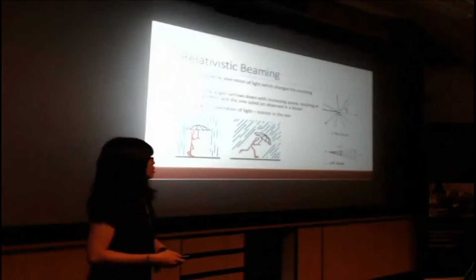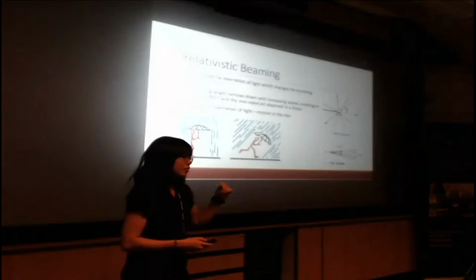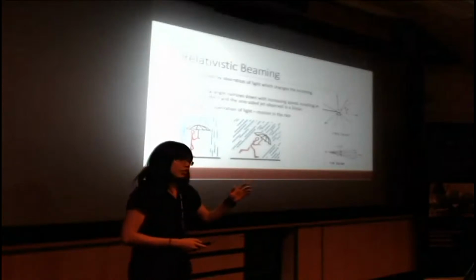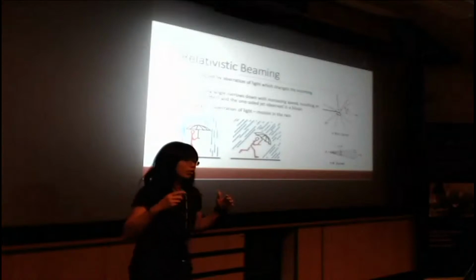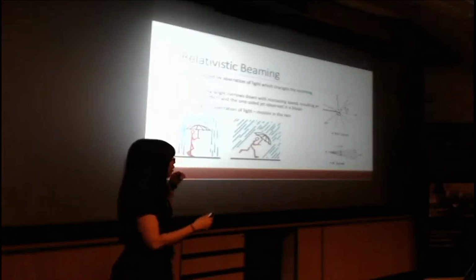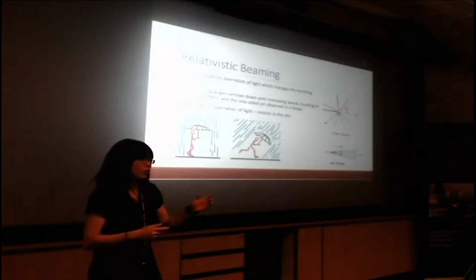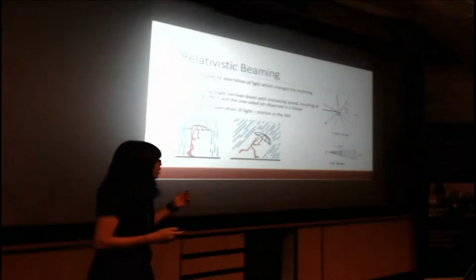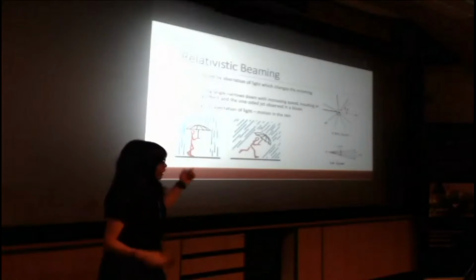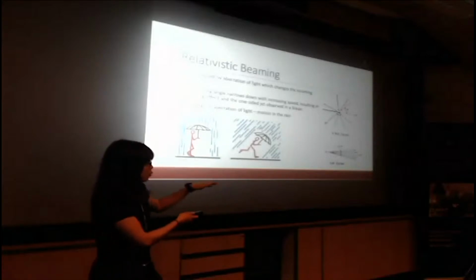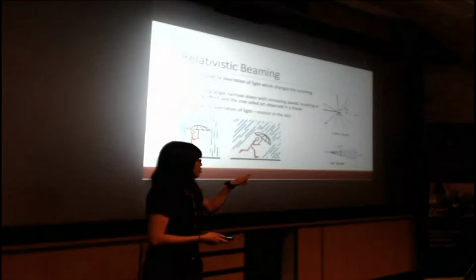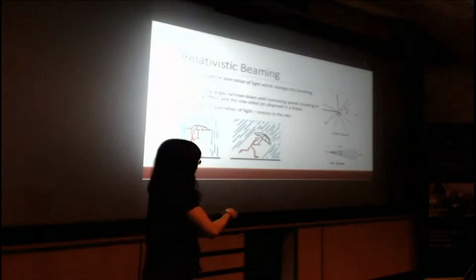Essentially, you have the electron in the jet traveling at relativistic speeds, and in the frame of the electron, from the point of view of the electron, you will see light rays either coming towards or going away, depending on whether it's absorbing or emitting, from all directions. But from an observer's point of view, you will see the light rays beam towards the direction of its motion, like that figure down there.